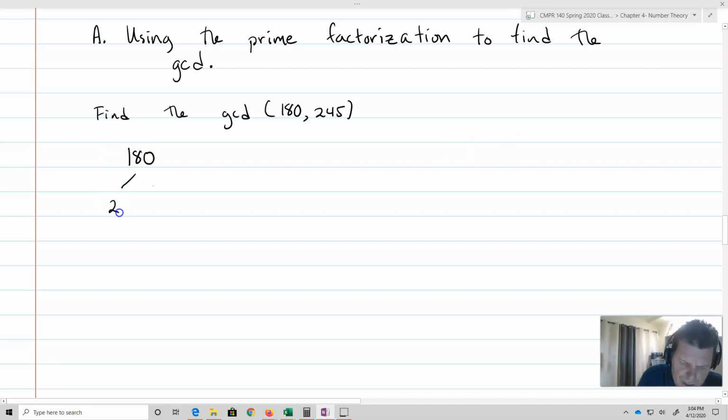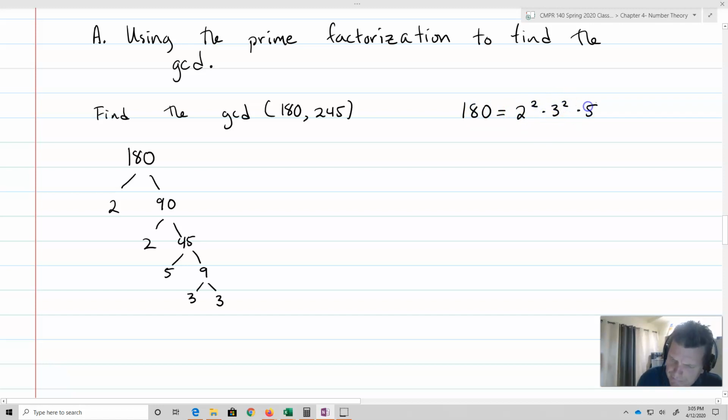So 180 is 2 times 90, which is 2 times 45, which is 5 times 9, which is 3 times 3. So 180 equals 2 squared times 3 squared times 5.